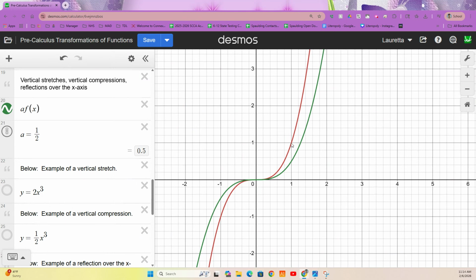It has a point (1, 1). But now we did a vertical compression by a factor of 1/2. So for the same x value, the y value is going to be half that amount. So instead of (1, 1), we now have the point (1, 1/2).